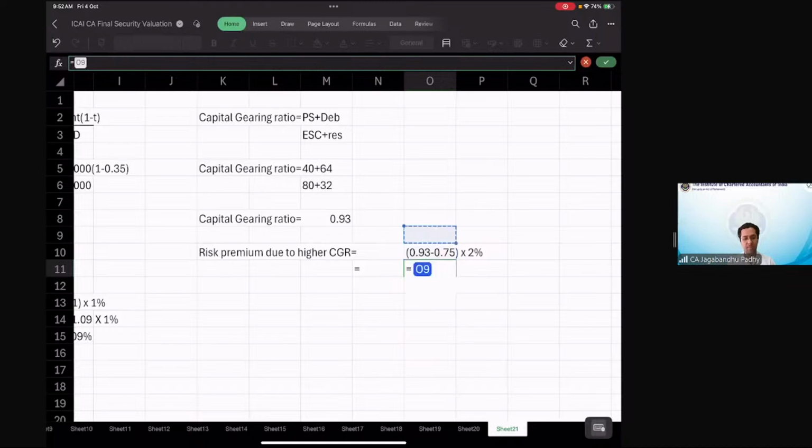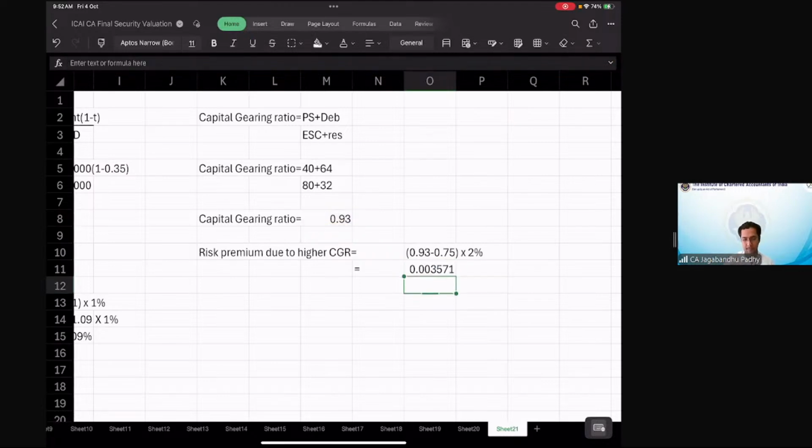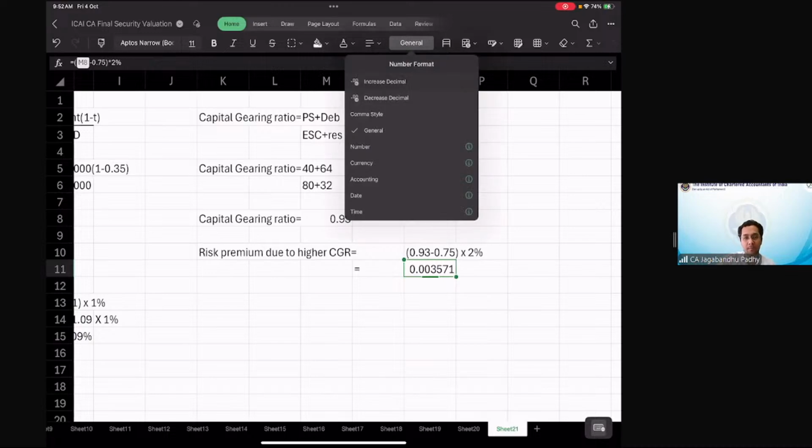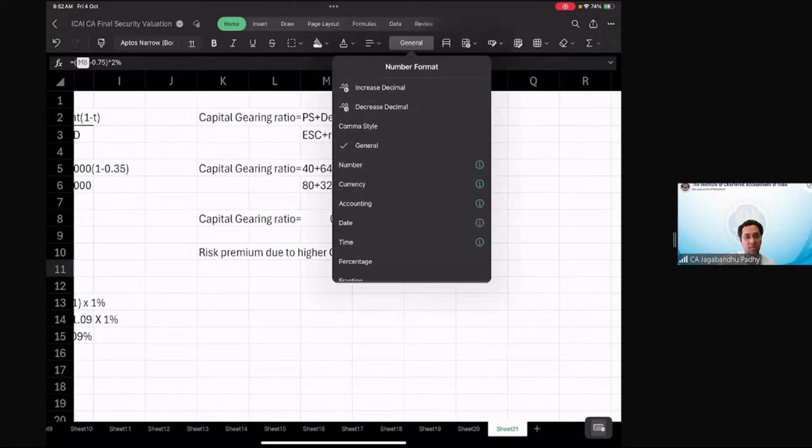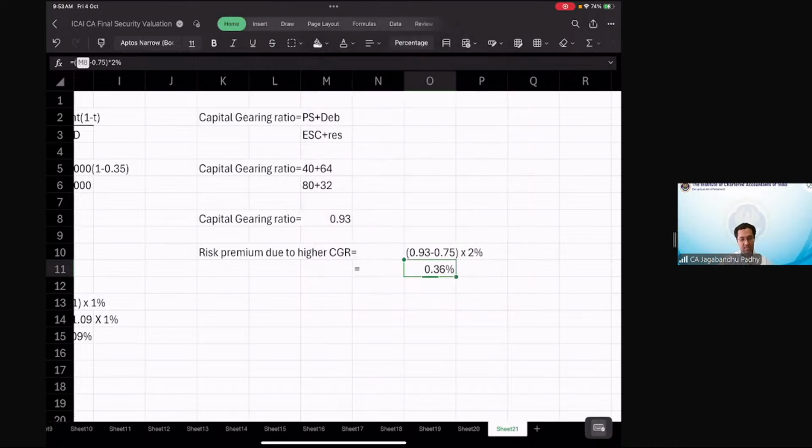So this will be 0.93 minus 0.75 multiplied by 2%. So risk premium will be 0.36%. So additionally, we want 0.36 as the risk premium.